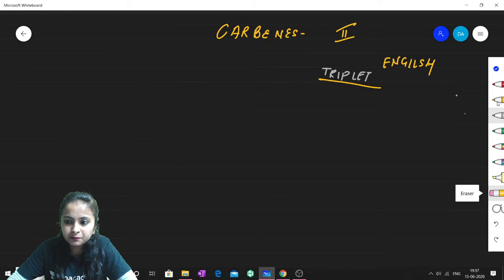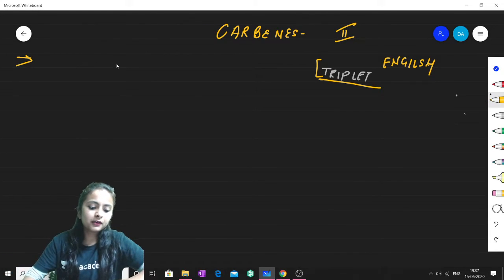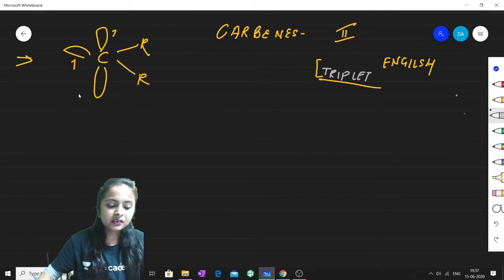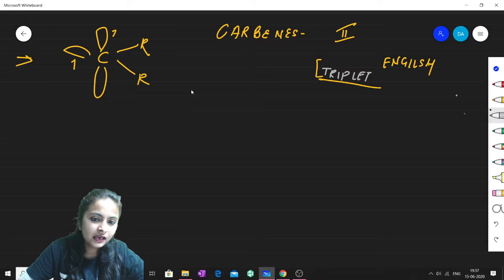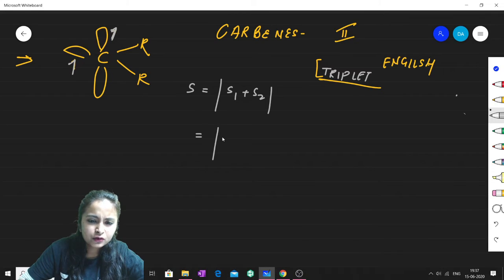Now see what I'm saying. This is triplet. Now we have to consider why that particular carbene is considered as triplet. This is the diagram which represents the triplet carbene. The same formula applies: S is the spin quantum number, S1 plus S2, spin 1 plus spin 2. Both electrons are at the same level, with the same spin direction.